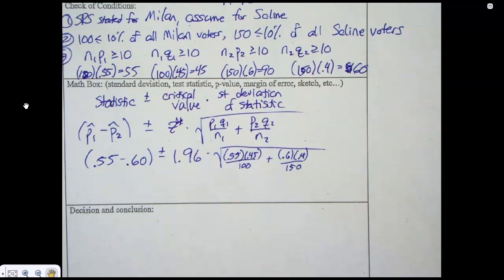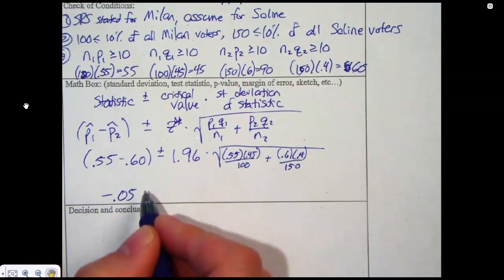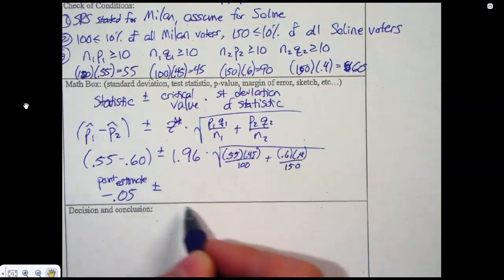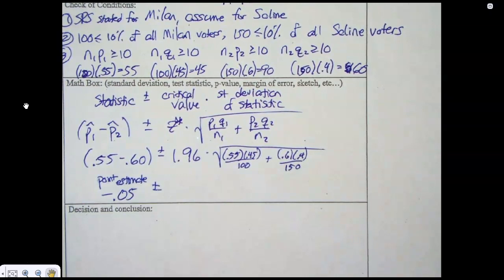Yeah, then you have some math to do, right? So this is negative 0.05. That's your point estimate. Plus or minus, and I got to figure all that out.